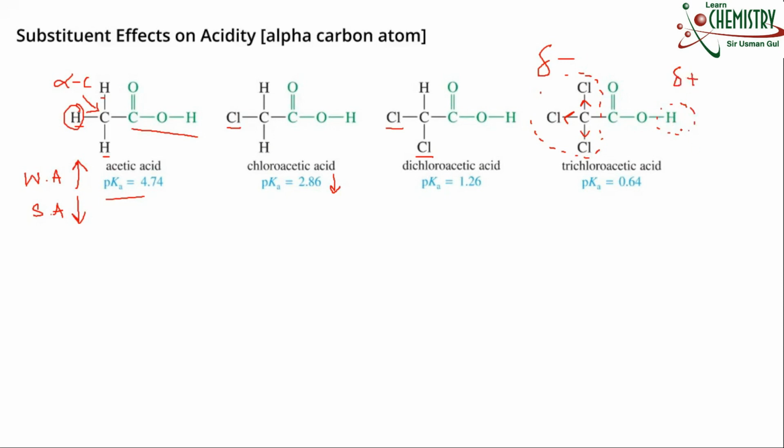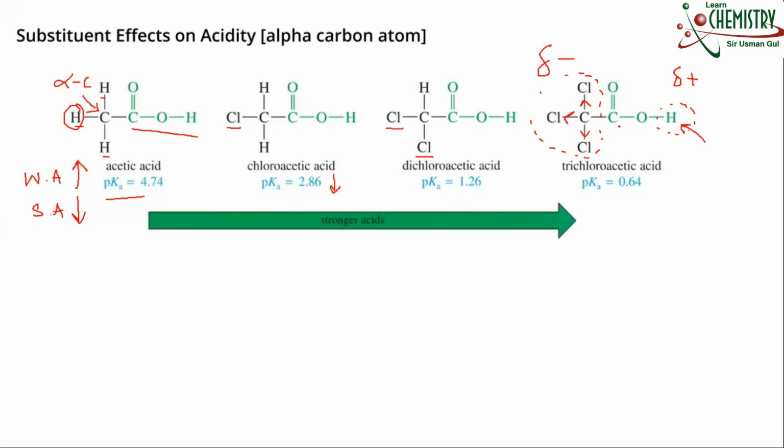You can clearly say that this one becomes positive. When it becomes positive, it will easily break down to release H plus. So that is the reason the electron withdrawing group attached to the alpha carbon increases the acidity. So we have this simple trend: increasing electron withdrawing groups on the alpha carbon gives increased acidity.